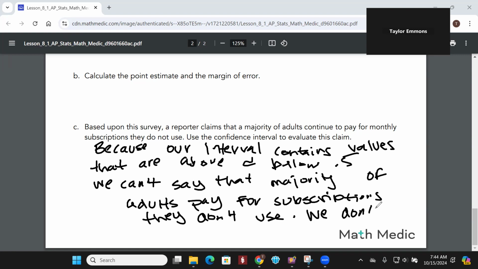Because our interval contains values that are above and below 0.5, we can't say that the majority of adults pay for subscriptions they don't use. We do not have convincing evidence.